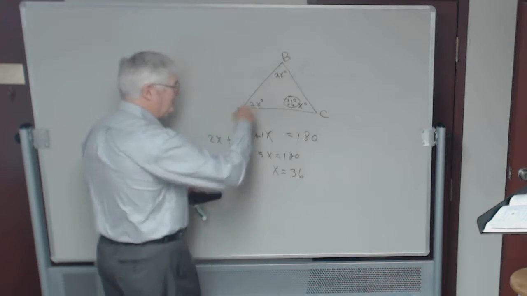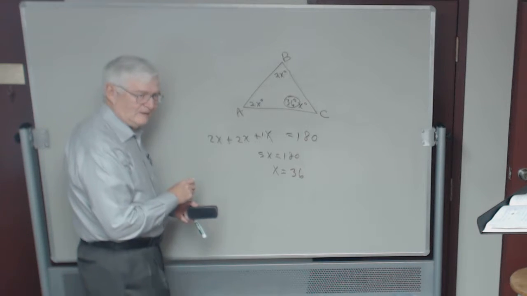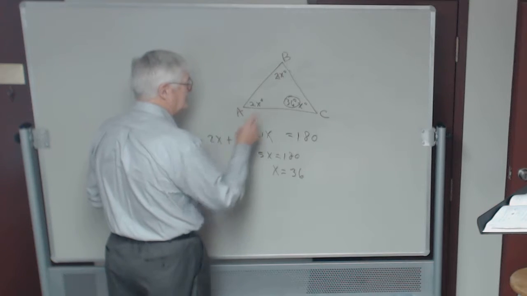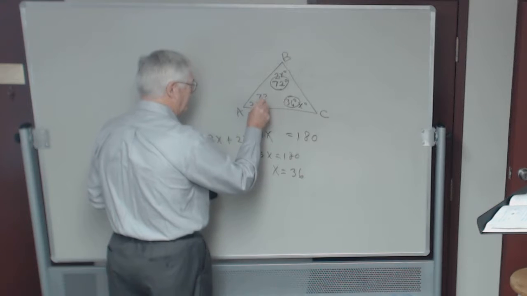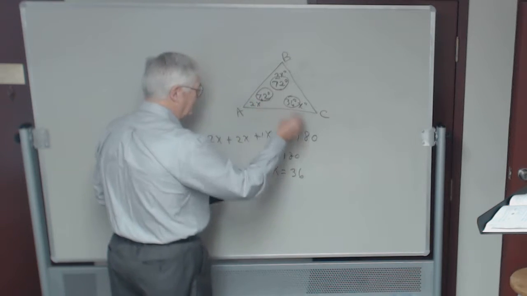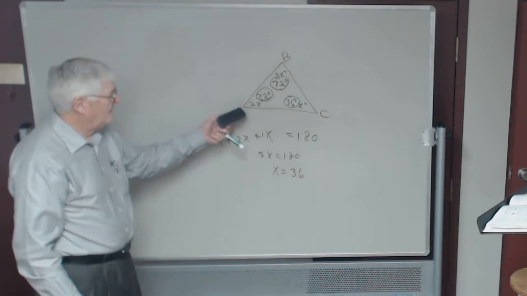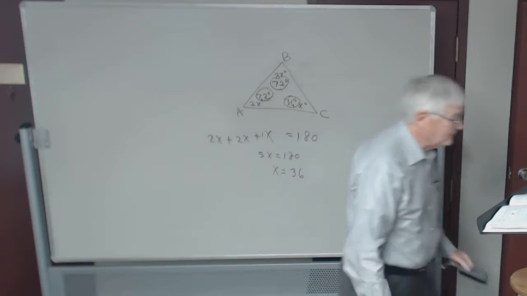So what does that make these two? 2 times X, 72 degrees and 72 degrees. Does that add up to 180? 144 and 36. So I'm just checking to make sure I got it right.